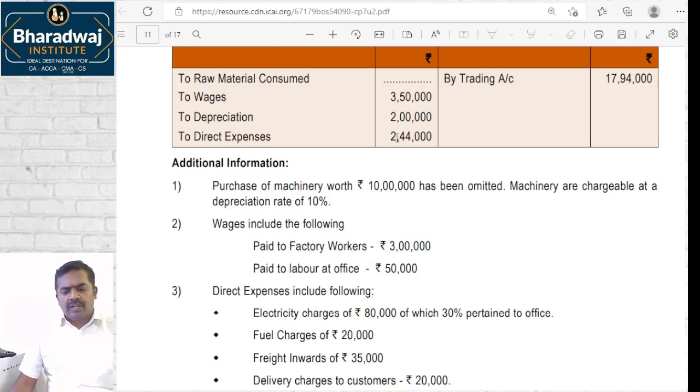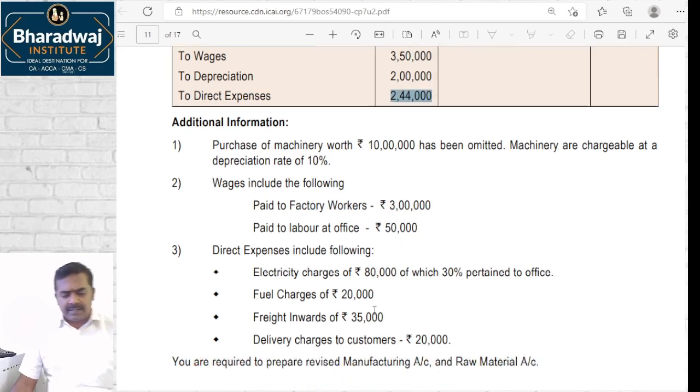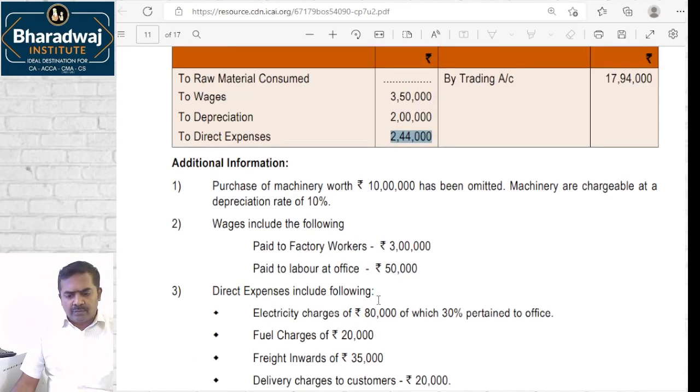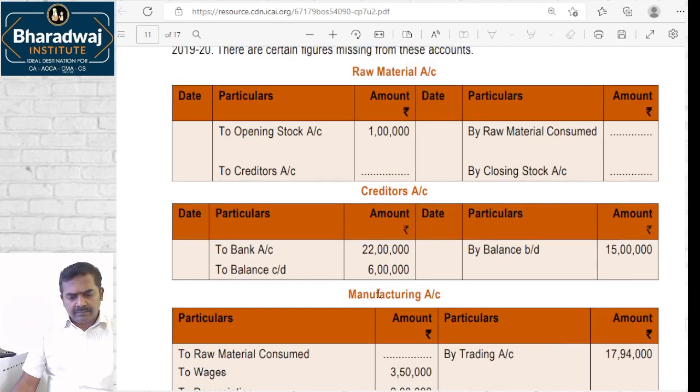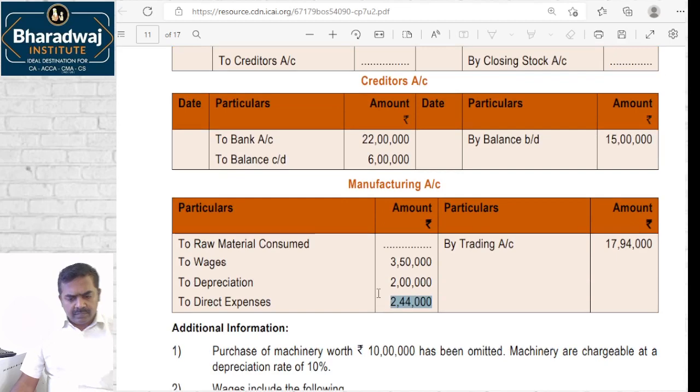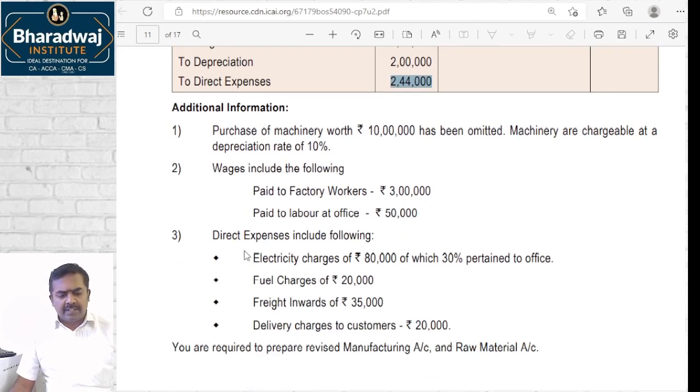Next, working note 4, direct expenses. Based on adjustment number 3, try to work out direct expenses.